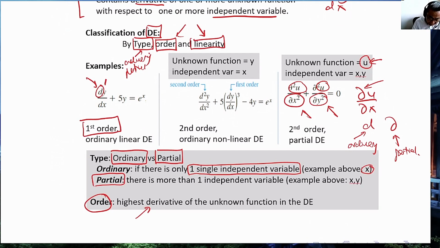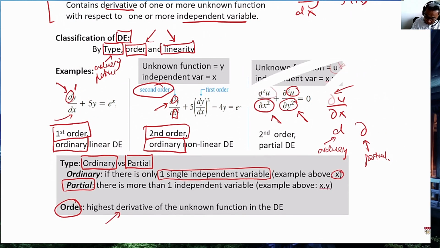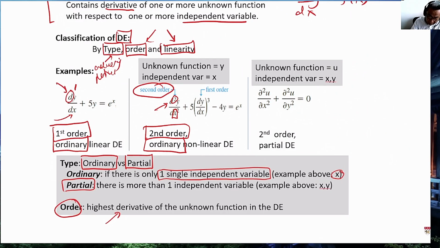Now there is only one independent variable, so this is ordinary. Okay, what about this second one? In here, the highest power is d2. So this is a second order. There is only one independent variable, so this is ordinary. And in the last one, the highest power is partial derivative d2, so this is second order, and this has two independent variables, so this is partial.